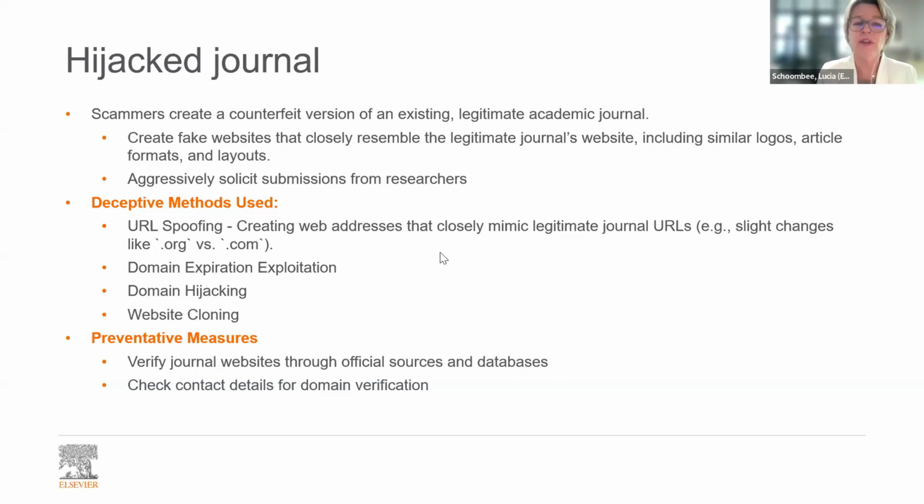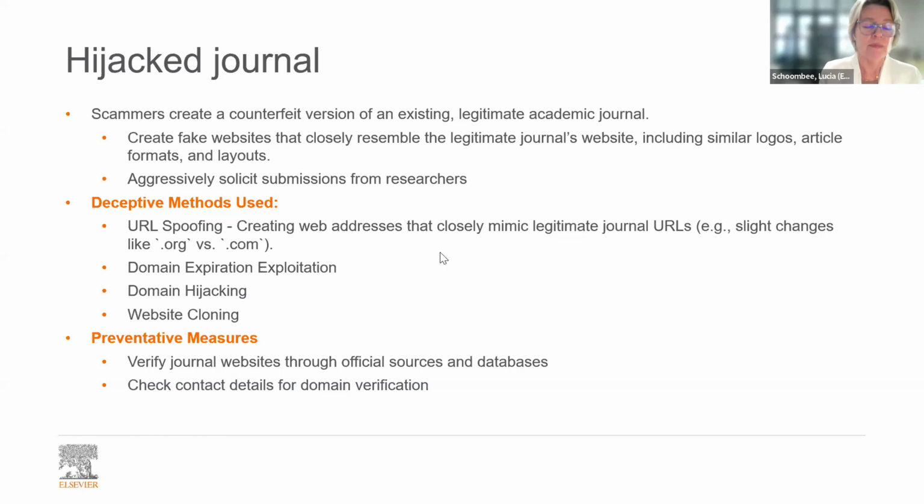They use various deceptive methods to do this. One of them is what they call URL spoofing. They create a web address that is very similar to the real journal, slightly changing, like .org to .com or something like that.